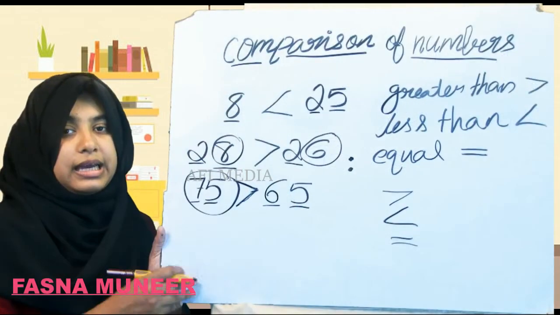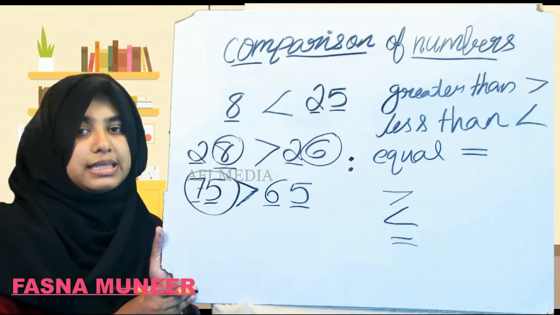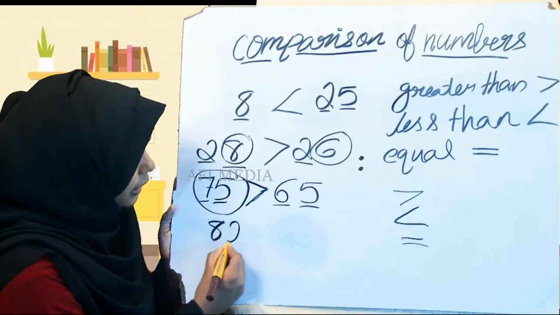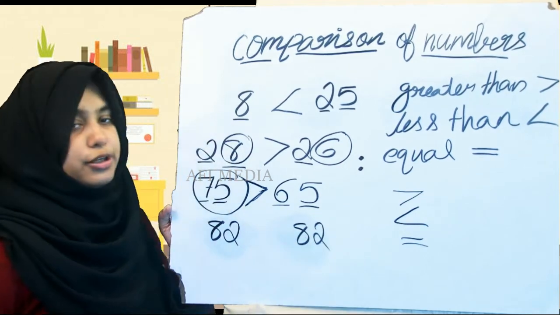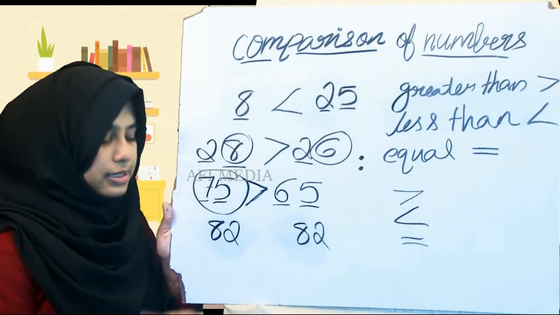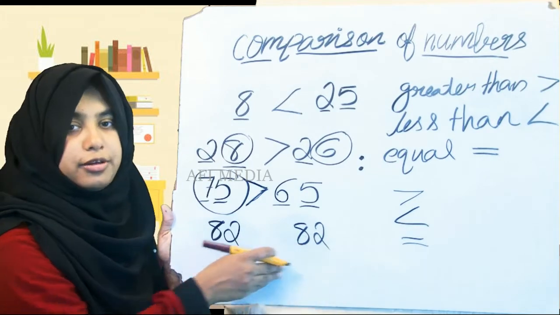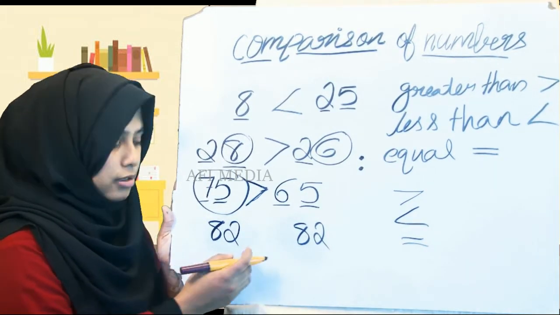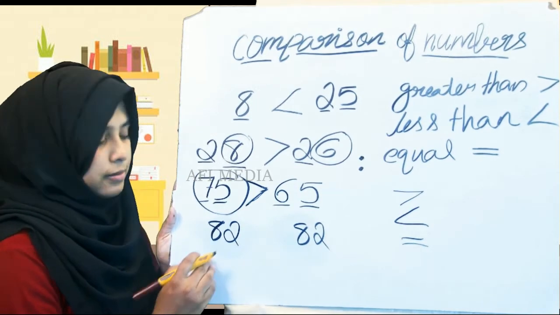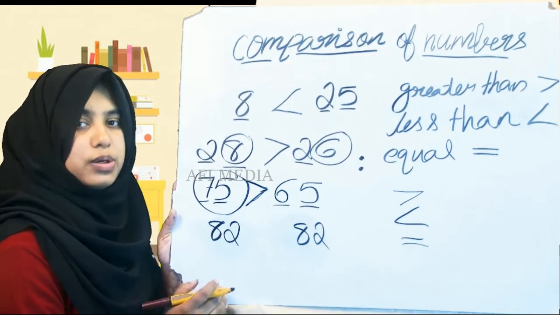Okay. Next I will give another example. Listen. 82. Here I write two numbers, 82 and 82. You can identify that these are 2-digit numbers.